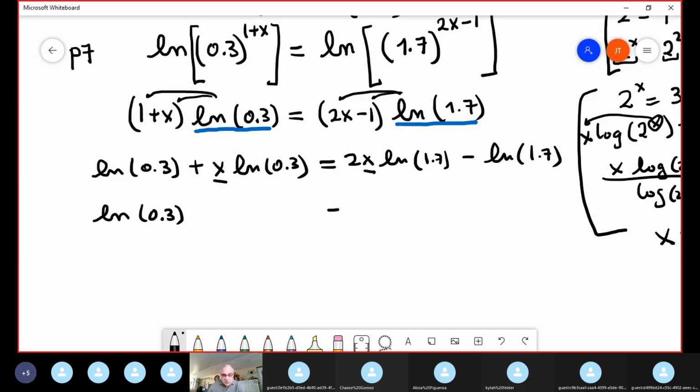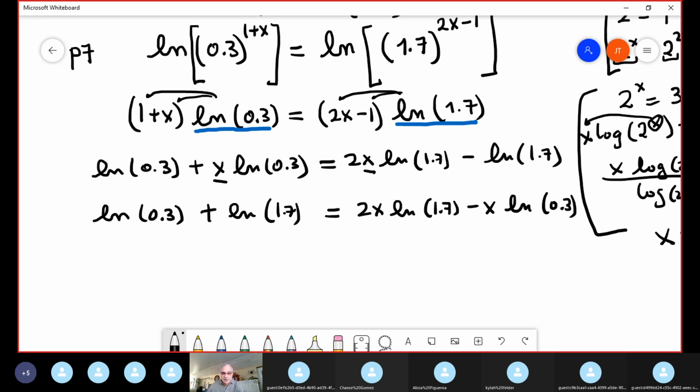This no. This stays also, 2x ln 1.7. But this one is brought to the right hand side like a minus x, natural logarithm of 0.3. And this one moved to the left like a positive ln 1.7.